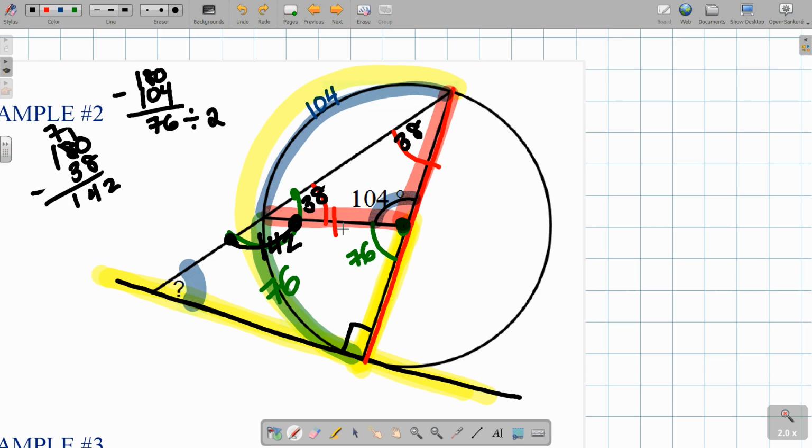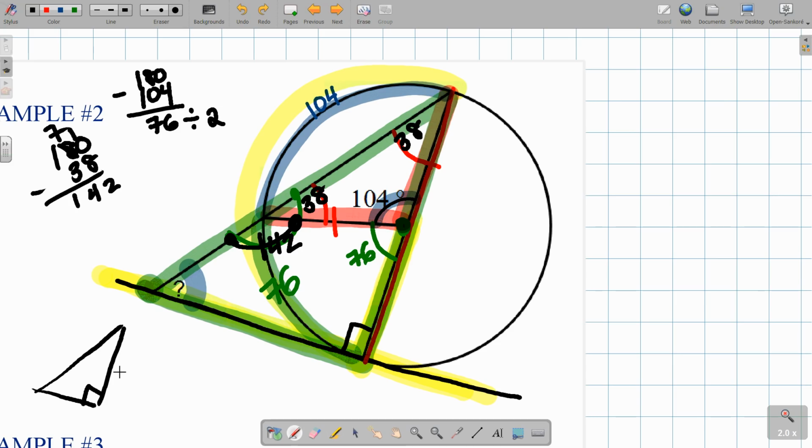And we just keep finding everything we can and watch out for giant overlapping triangles. Ready? See this giant overlapping triangle? So in that triangle, let me make a miniature version here.